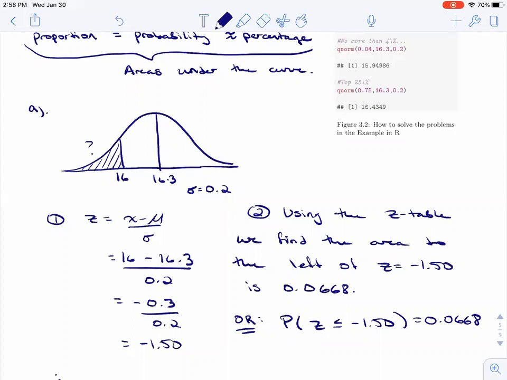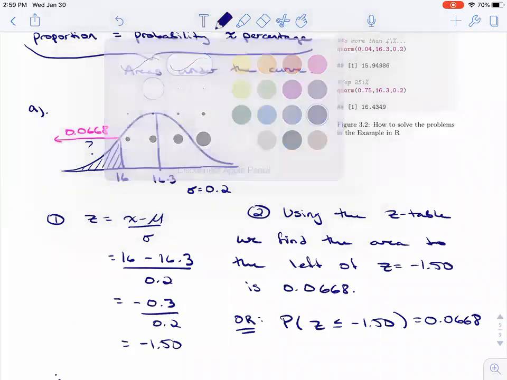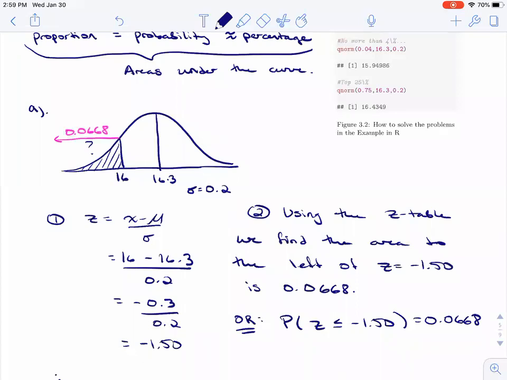And just to emphasize it, I'll draw it on here. I should use a different color maybe.